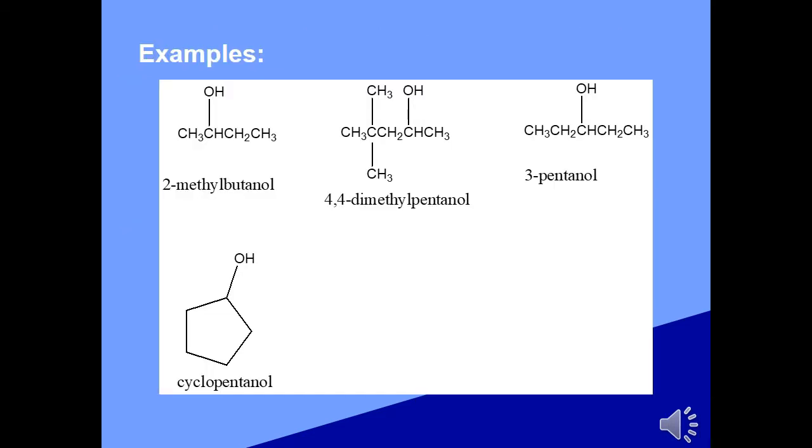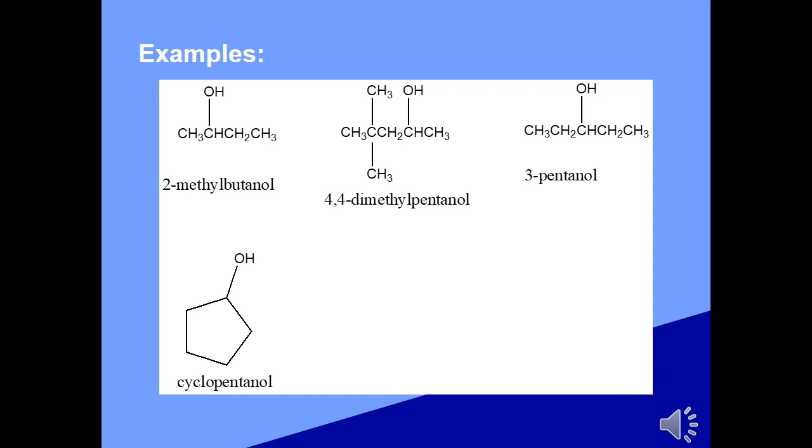Example for aliphatic alcohol. First is 2-methylbutanol, which is wrong because there is no methyl in the structure. The correct name is 2-butanol. Second is 4,4-dimethylpentanol, which is wrong for the structure. The correct name is 4,4-dimethyl-2-pentanol.